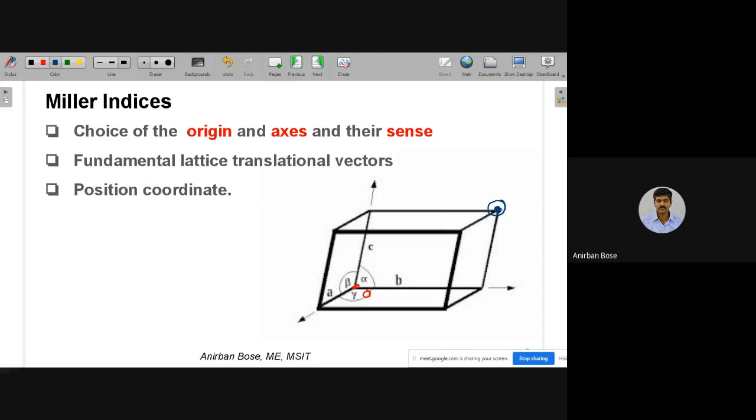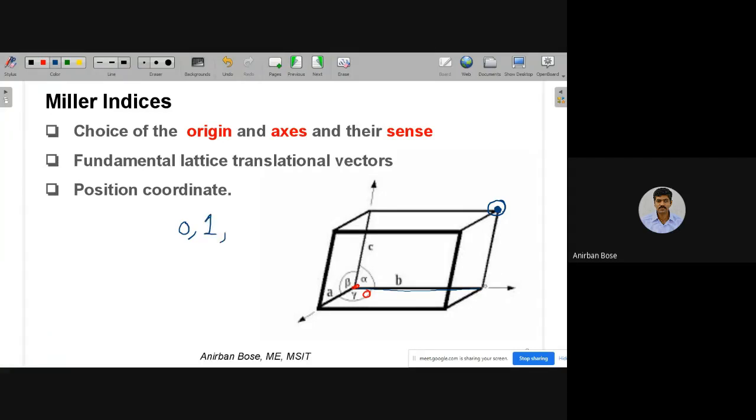So what will be the position coordinate of this point? You first see along the A direction: it has not moved any distance, which means its A coordinate is 0. Now along the B direction, it has moved by 1 unit length, so it is 1.